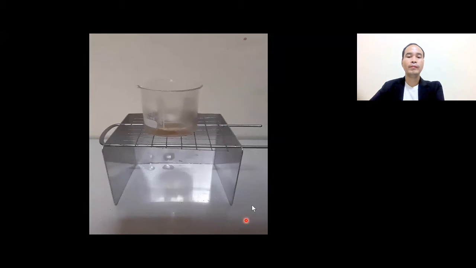I'm going to put ice in your beaker so that the water level will rise up to 3 centimeters high. 3 centimeters high in your beaker is 60 ml. So the beaker right now has 60 ml of water. Next, I'm going to put in your thermometer and make sure to prepare your stopwatch.